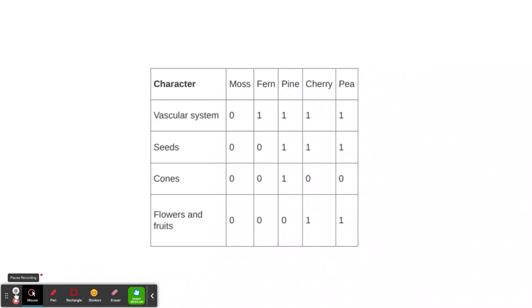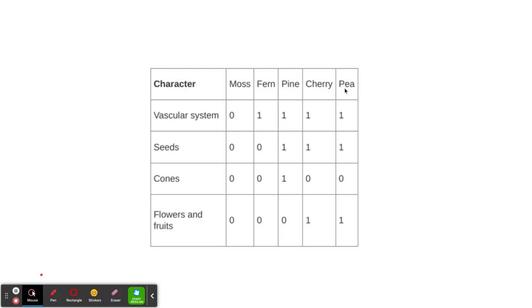Another way of looking at phylogenetic trees is by their shared derived characteristics. So you see that on the left, their characteristics. For example, we have the moss, the fern, the pine, the cherry, and the pea. And we see the moss and the fern don't have seeds, but the pine, the cherry, and the pea do. So if you look at this, which two do you think share more characteristics? Just look at it.